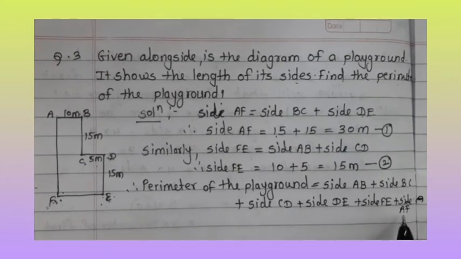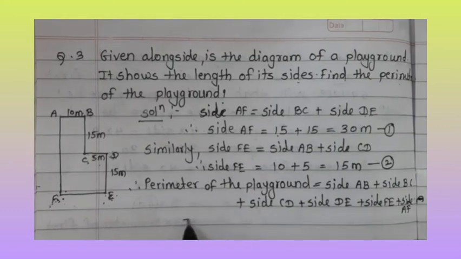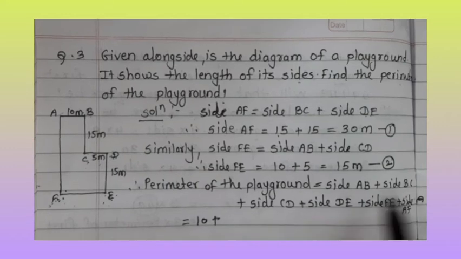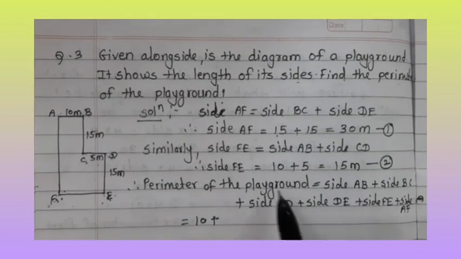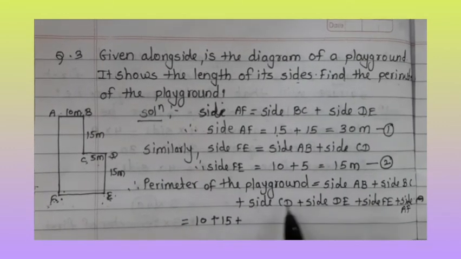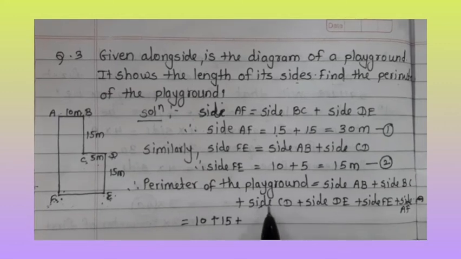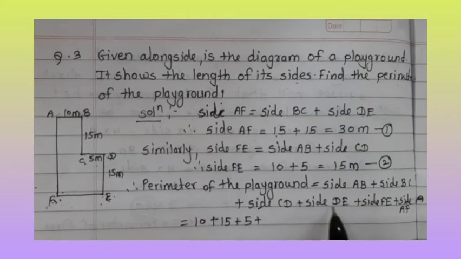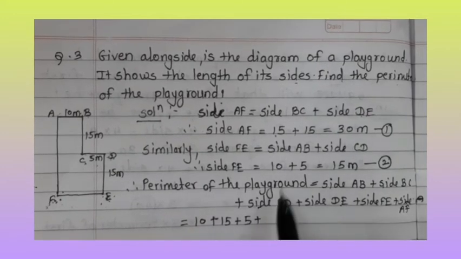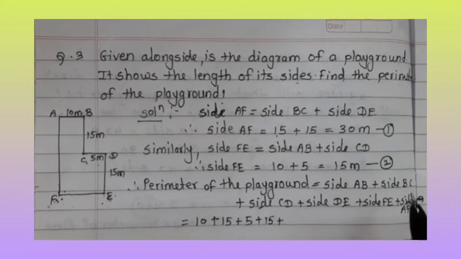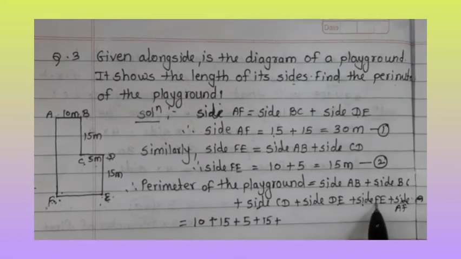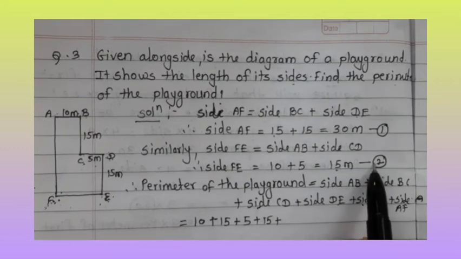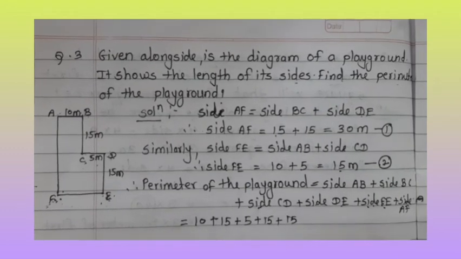Okay, side AF. Now substitute the value. So that is equals to, what is the length of AB? 10 meter plus, what is the side of BC? 15 meter plus, what is the length of side CD? 5 meter plus length of DE? 15 meter plus length of side EF, FE will be 15 from 2, so 15.